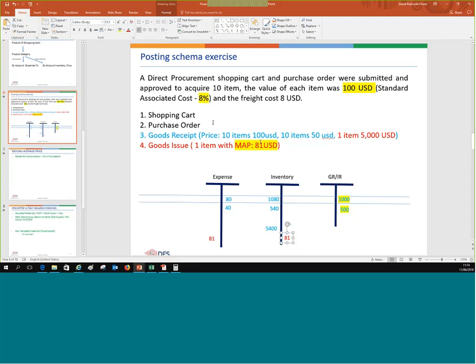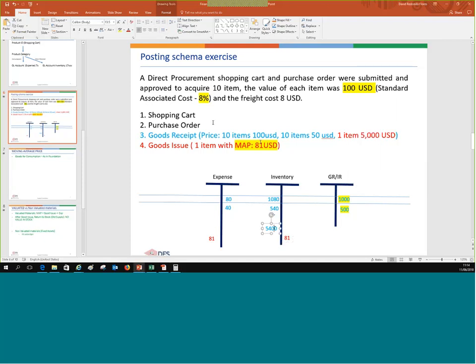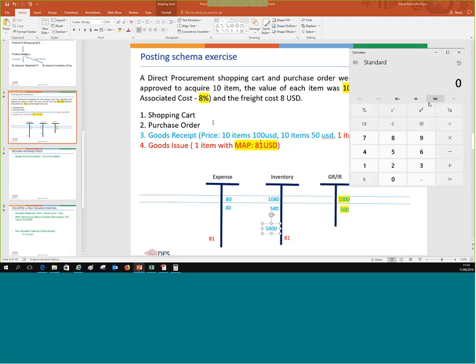Now the system will calculate the moving average price, and we'll have a big issue there, because the system will say the total value of inventory is 1,080 from the first 10, plus 540 from the second batch, and then 5,400 from the last item we bought.